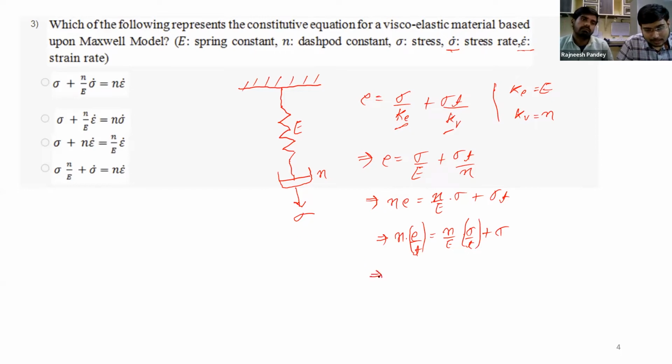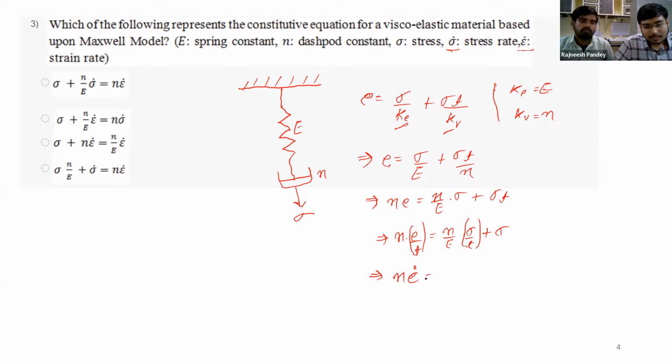So this can be written as eta epsilon dot. Actually I should have denoted it in terms of epsilon, but since the strains are small, we can consider that engineering strain and true strain are equal.